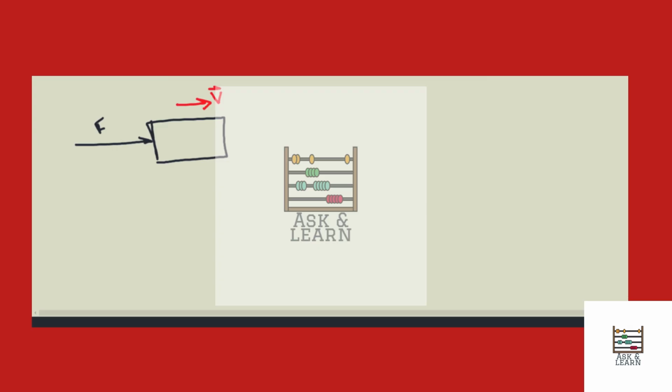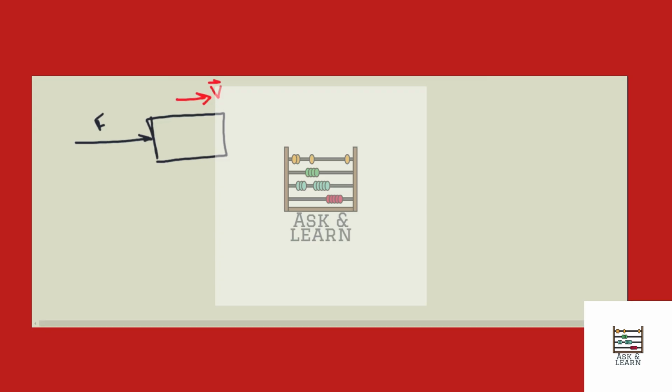We have a block that's being pushed by a force that changes depending on the distance the block travels, and that's given as F is equal to 50 times S to the power of 1/2.